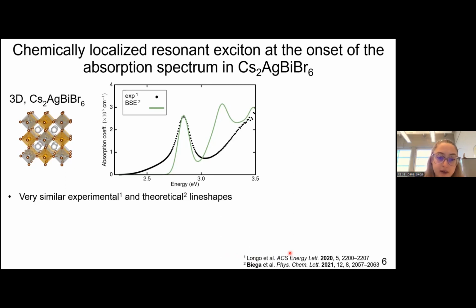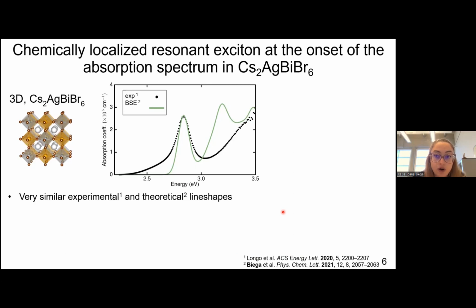What we can say only by comparing those two spectra at first glance is that the line shapes are very similar. So our theoretical approach yields a pretty accurate absorption spectrum.